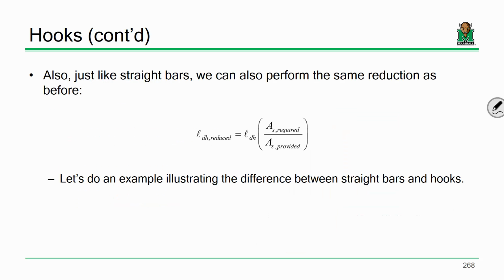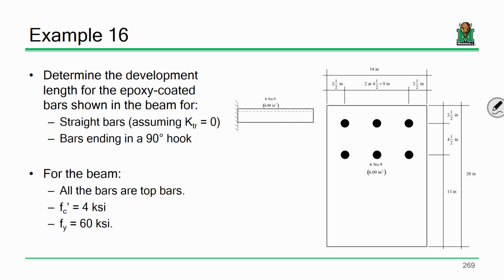Lastly, you can do the same thing where you can reduce the development length based on the area provided versus what you actually needed for design. Does that make sense? So to go back to what you were saying, yeah, you can cut that down quite a bit by using a hook. It's just a different expression because there are different parameters that affect the behavior of a hook versus a straight bar. Sound good?